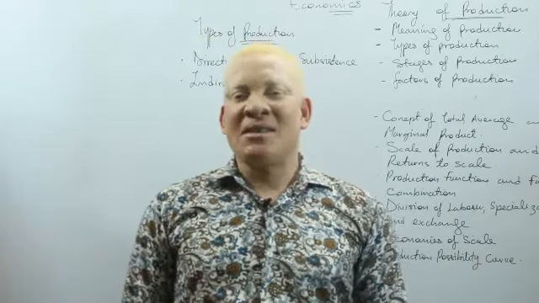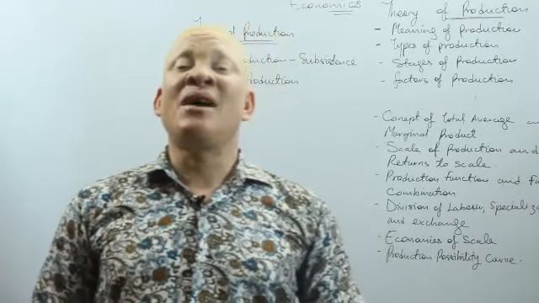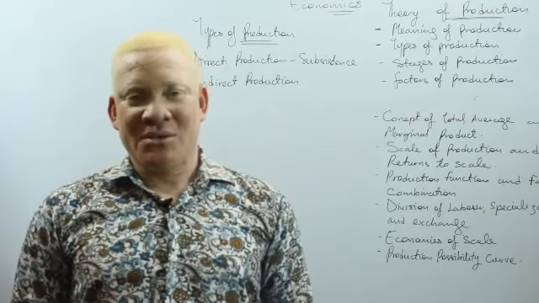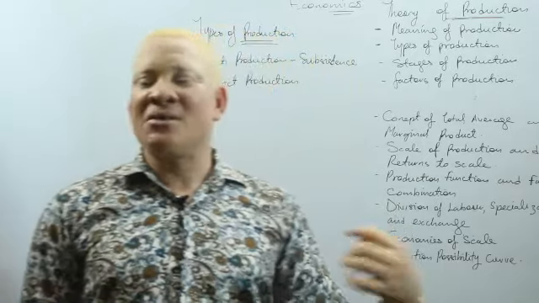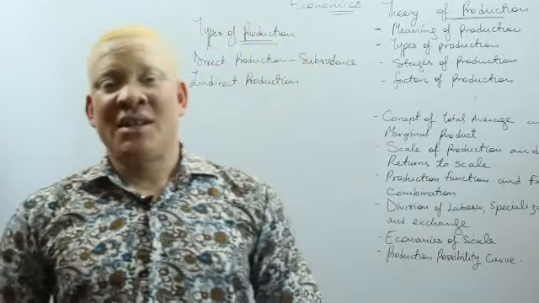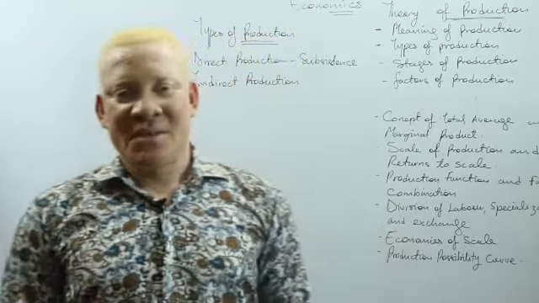The producer in this case makes use of specialized machines that will enable him to come out with large volumes of output. So in other words, for the indirect production, especially the continuous process production, we have large outputs, large scale of production, application of machines, and division of labor.